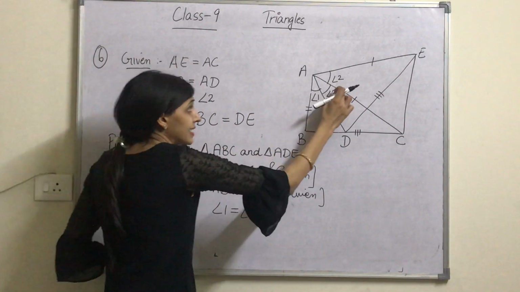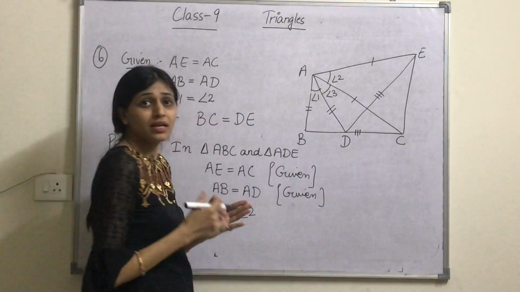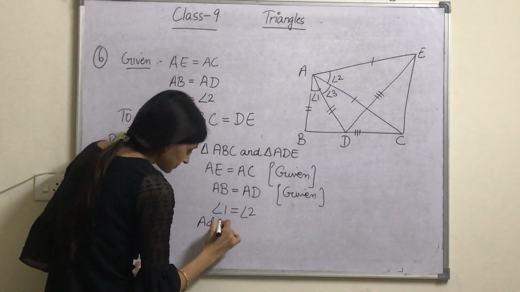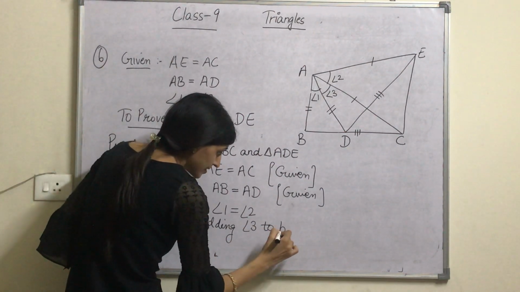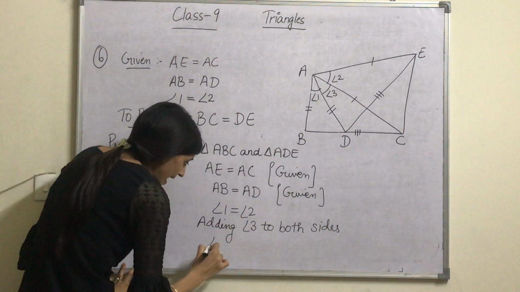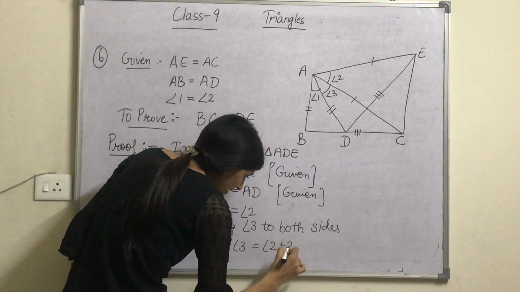So, if I add angle 3 to this side and to this side, my problem will be solved. So, adding angle 3 to both sides, what you will get? Angle 1 plus angle 3, angle 2 plus angle 3.